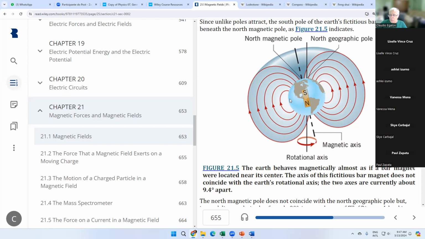But if you are exactly here, anywhere along this line, the south magnetic pole is just in front of the north geographic pole. So your magnetic compass will point exactly towards the geographic north and south, okay?